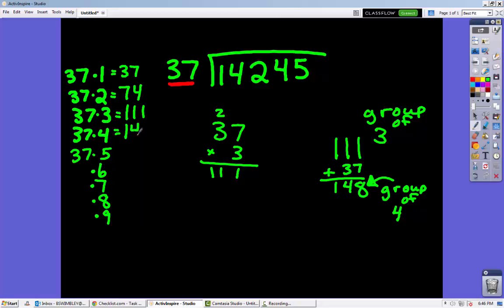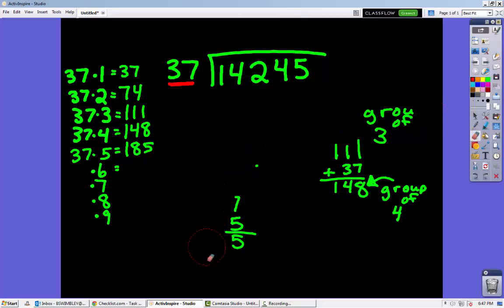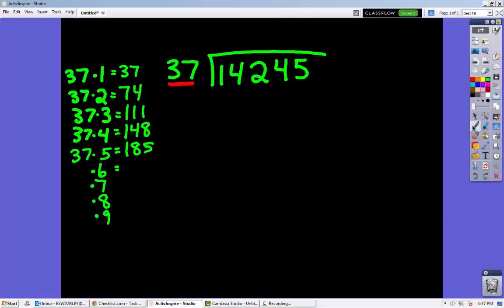So I have 148. Well, my 5s I'm pretty good at, so I'm going to do it by multiplying. Here we have 5, carry that 3, 185. But my 6s, oh man, my 6s are tough. So what I'm going to do is think of 37 times 5 as a group of 5.